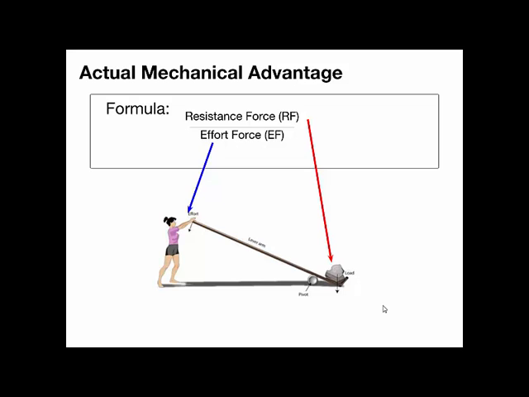So in this simple machine, the resistance force is basically the weight of the boulder. The effort force is the force needed to make the machine work.